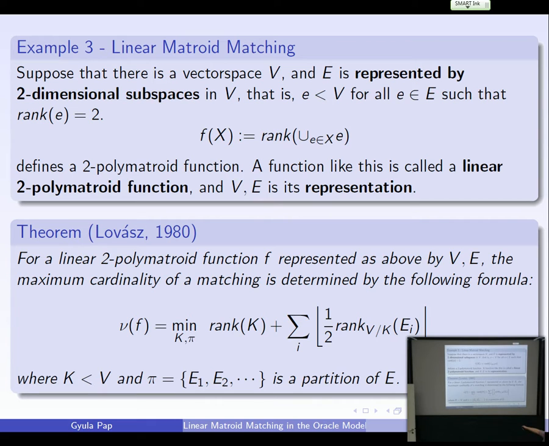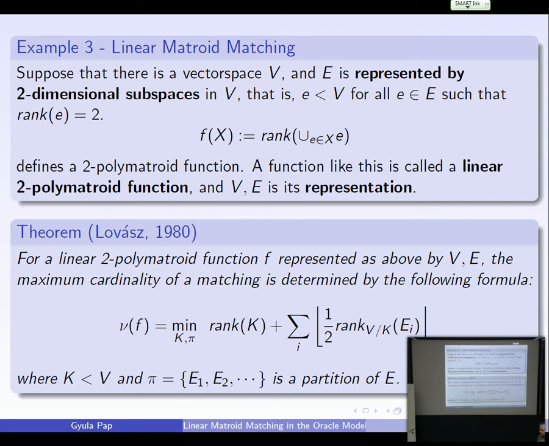The reason that we consider this special case is that it is one of the polynomial time solvable cases. Lovász proved, just a few years after the introduction of matroid matching, that this can be solved: there's an algorithm and there's a min-max formula like this.